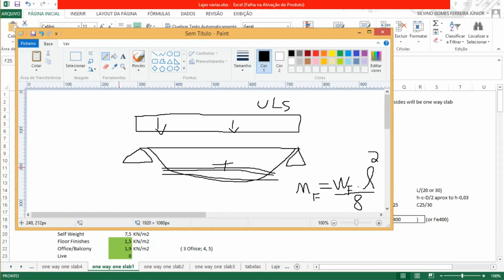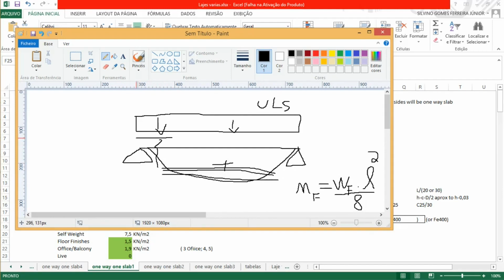We'll also have to put reinforcement on the sides to avoid cracking, because when there is deformation here, since there will be rigidity at the supports, it will have the tendency to crack, and it can't rotate here because of the rigidity.